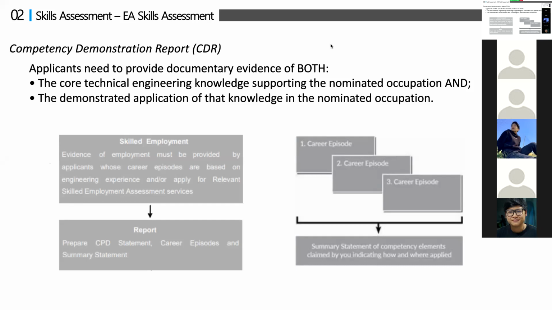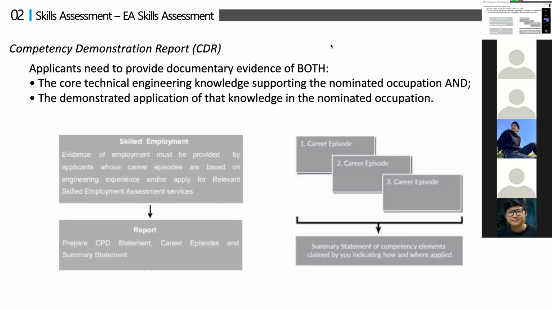But Engineers Australia still wants to give the opportunity to people who don't follow the Washington Accord and who didn't study in Australia. But it's very hard to give an individual assessment of the curriculum because they must contact the university and must have the course outline of each subject.